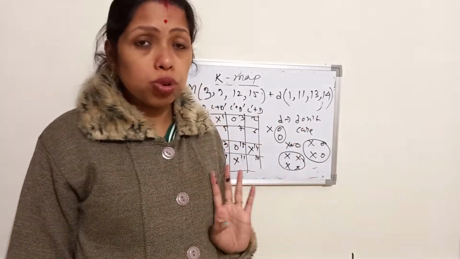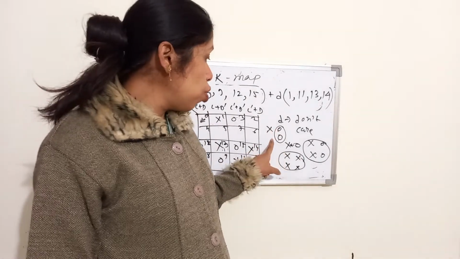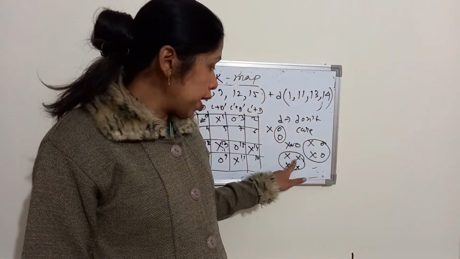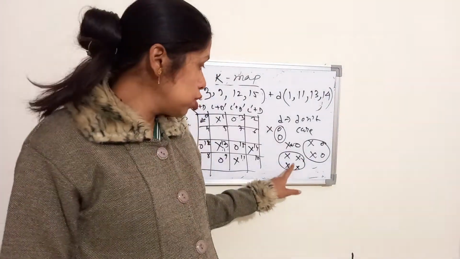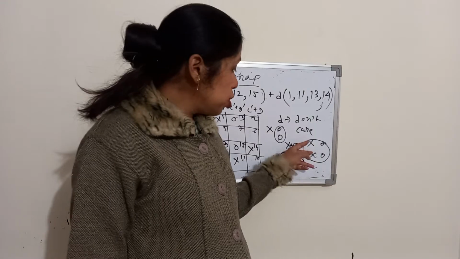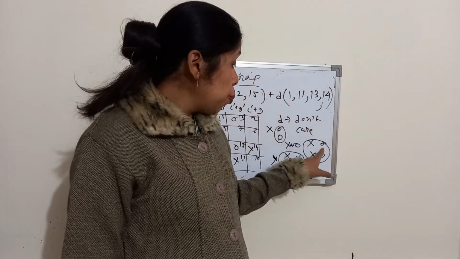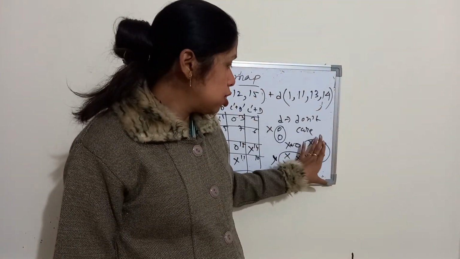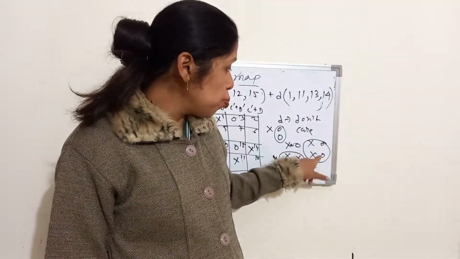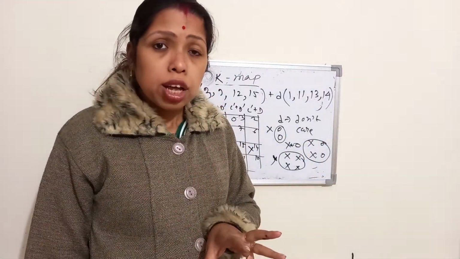If a single 0 needs a don't care for grouping, we add it. In this condition all are x, with no zeros, so this grouping is not required. Here both x and zeros are there, but we cannot consider this don't care; only this grouping is possible, because the two zeros can create one group.